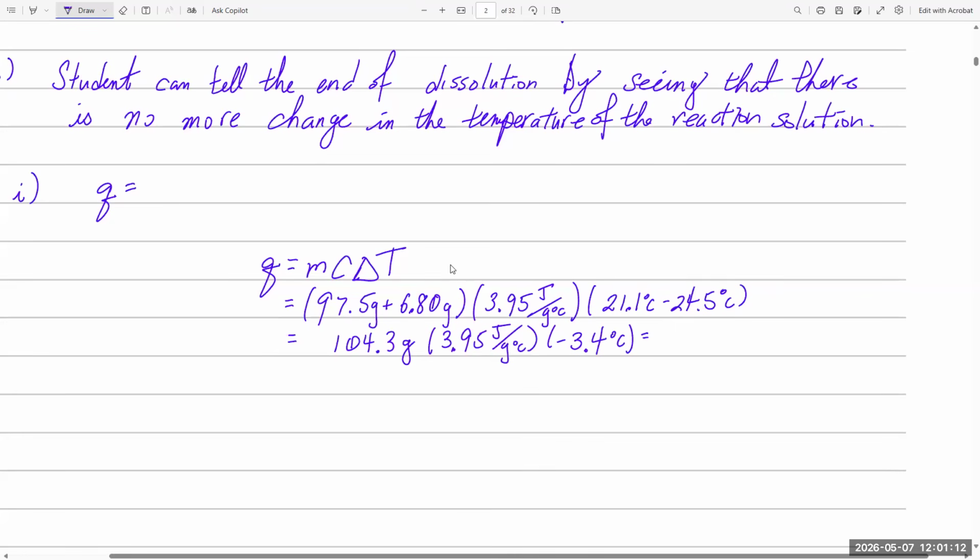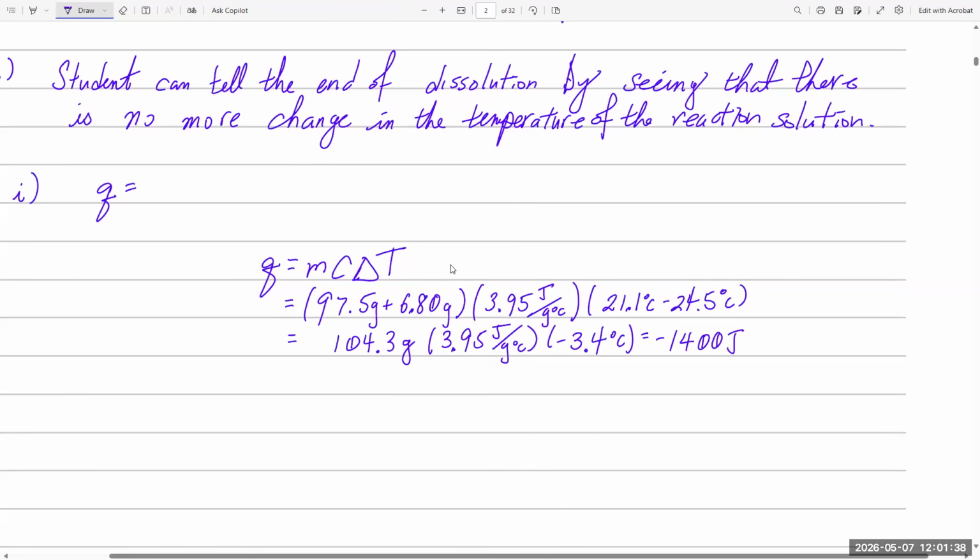Let me grab a calculator real quickly. Sorry, like I said, this is the first time I'm seeing these problems. So I get 104.3 times 3.95 times negative 3.4, and I get a value of negative 1400, and that's in joules, right?